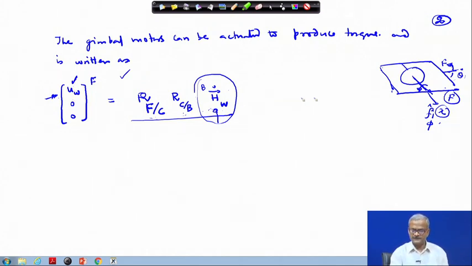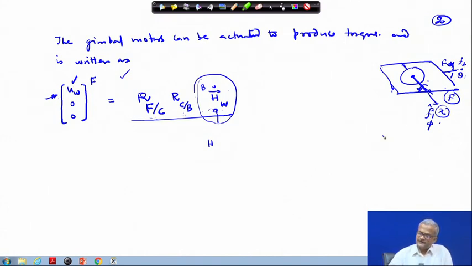As a result of this, H w will change in this frame, in the F frame. Besides, because of the rotation of this frame, the angular momentum of the wheel will also change, because of this rotation about the F 2 axis.